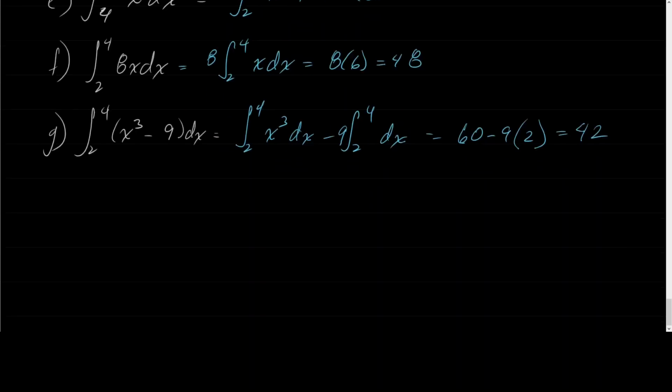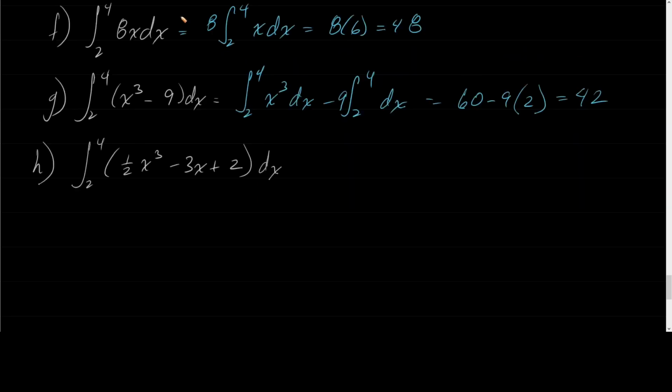H. The integral from 2 to 4 of, let's say that we have 1/2 x cubed minus 3x plus 2 dx. Well, what does that give us? Well, we can rewrite this, I can pull out the 1/2, right?